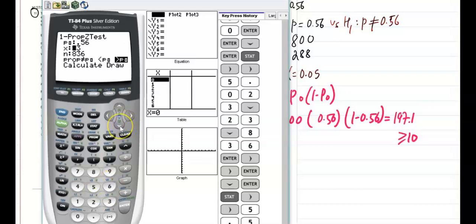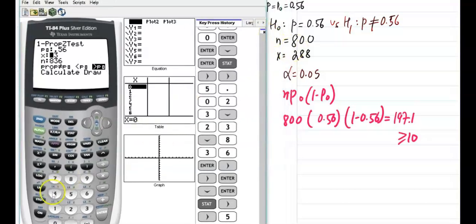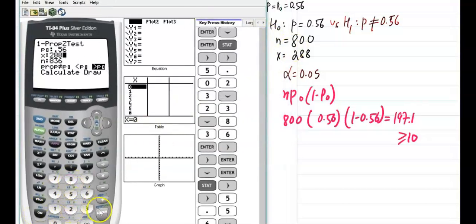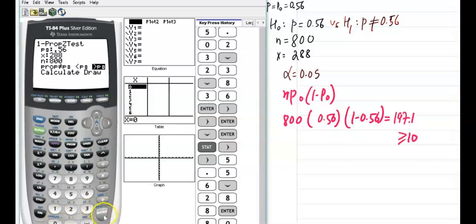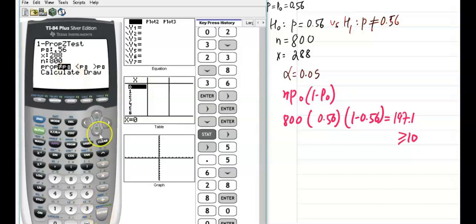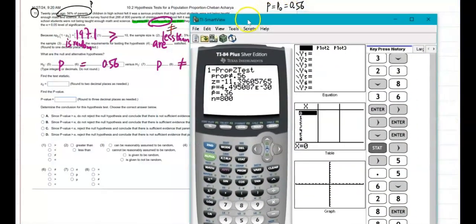Okay, now x is going to be 288, enter, and the n value is going to be 800. Now the test is going to be 2, test not equals to, so I select this one and go to the next one, calculate. So you see this number here.